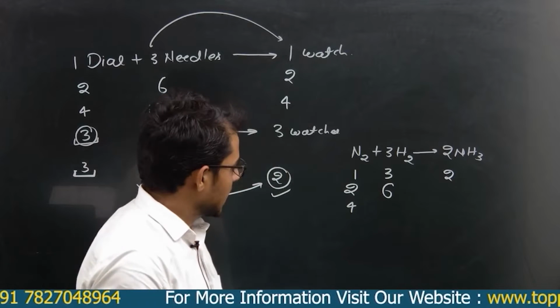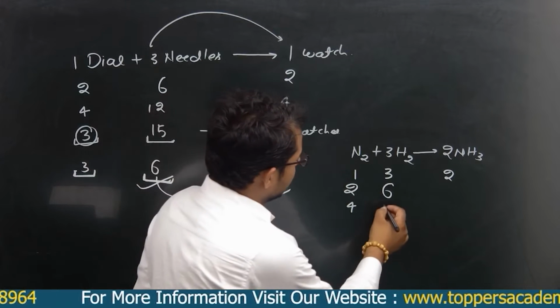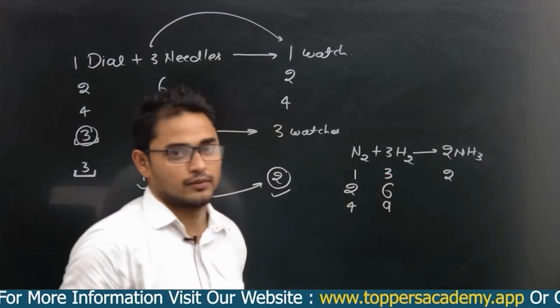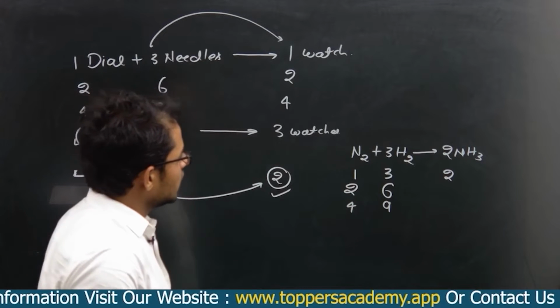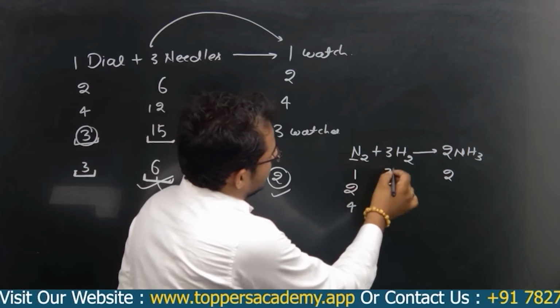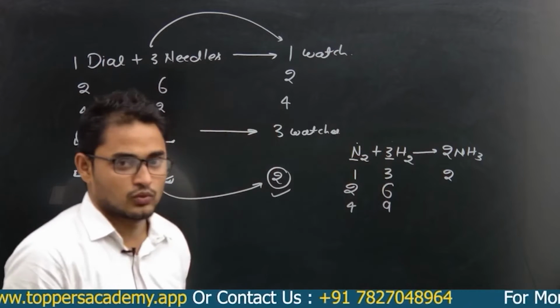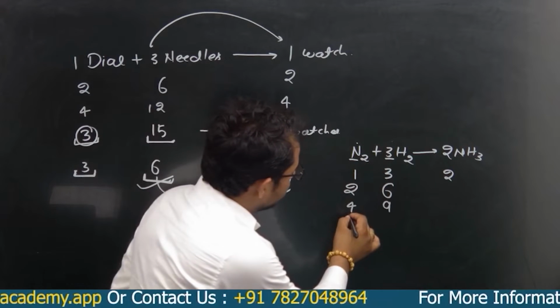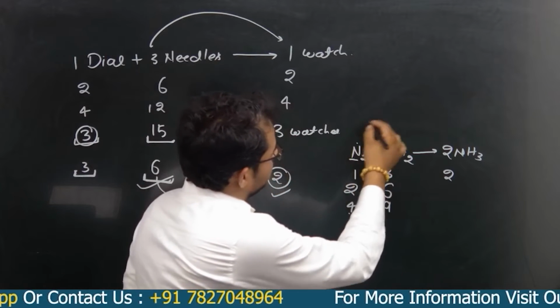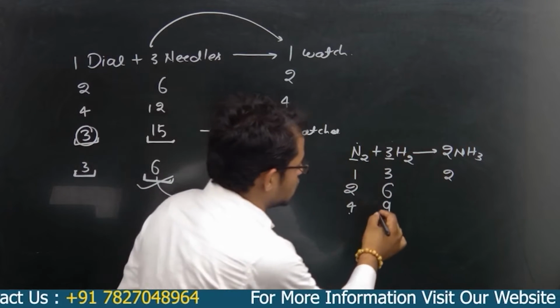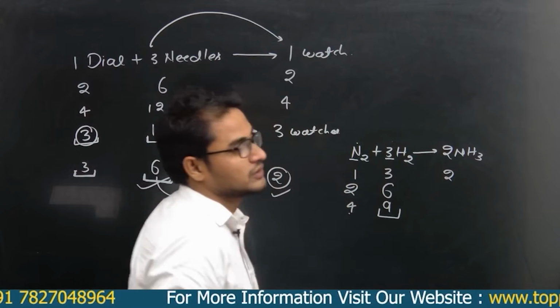I take 4 moles of N2, and I take 9 moles of H2, right? So if we see the N2 and H2, 1 mole of N2 requires 3 moles of H2. So 4 moles of N2 will require 12 moles of H2, but there are only 9 moles.